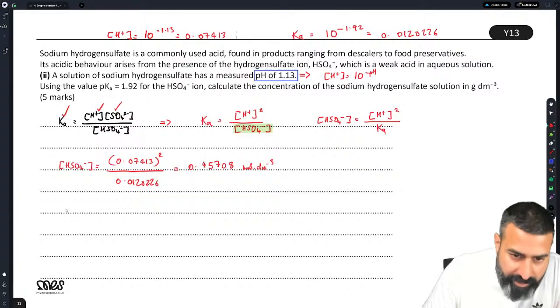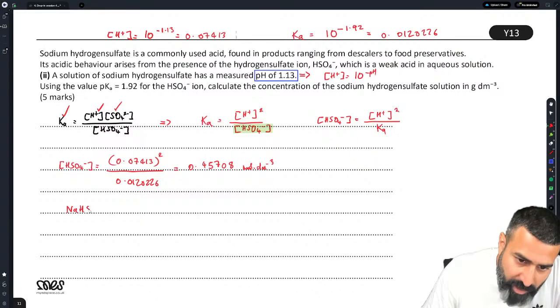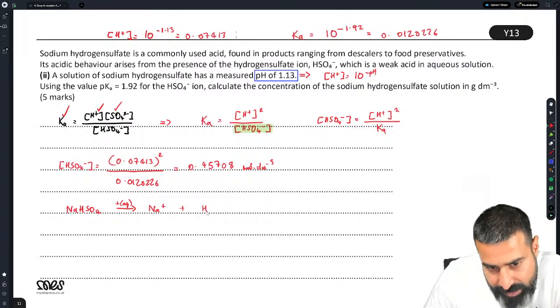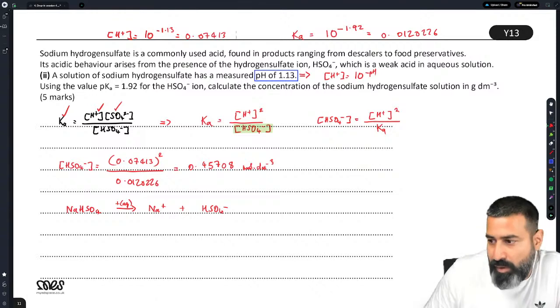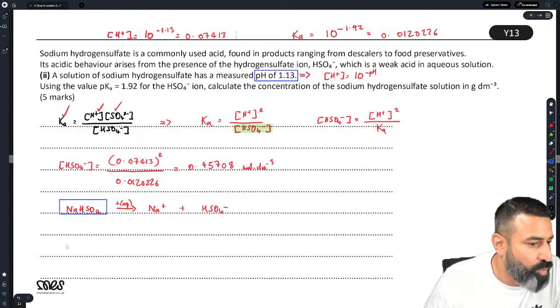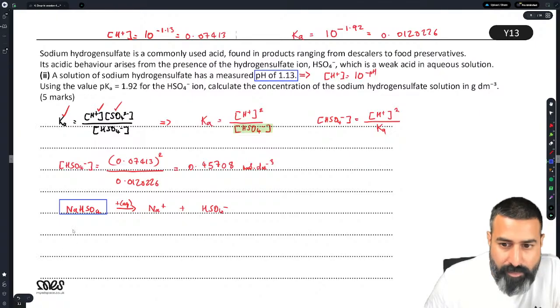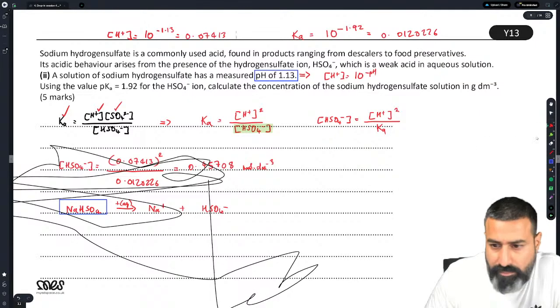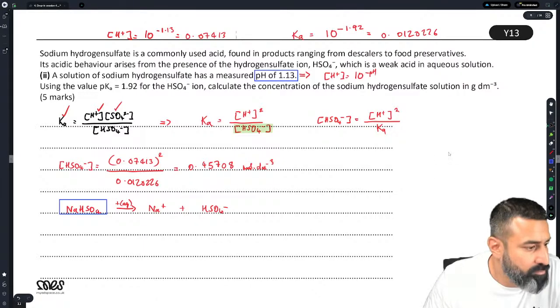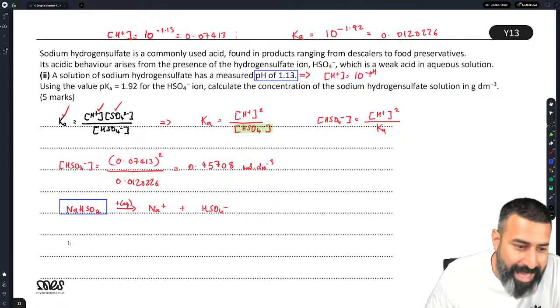So what I'm thinking is all of that came from my sodium hydrogen sulfate. So my sodium hydrogen sulfate, when I stick it into whatever, it dissociates into Na plus and HSO4 minus. So I have to determine the concentration of my sodium hydrogen sulfate. So what is that going to be? Yep, 1-to-1, absolutely.